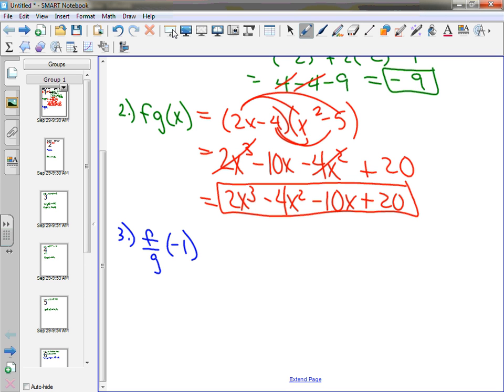Okay, so what do I do? F divided by G at -1. F is 2x minus 4 over G, which is x squared minus 5. Now, what do I do?